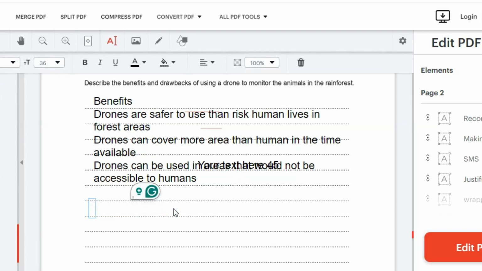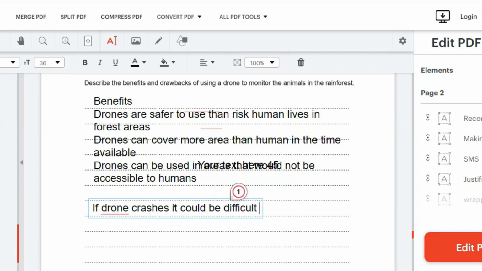If the drone crashes, it could be difficult to find or retrieve. That's one disadvantage.